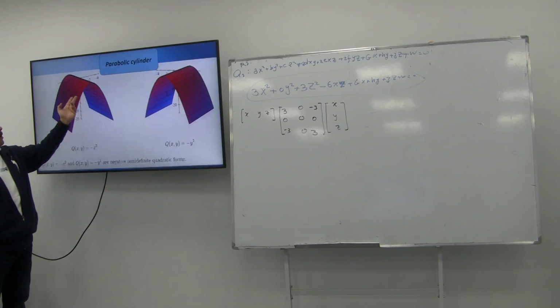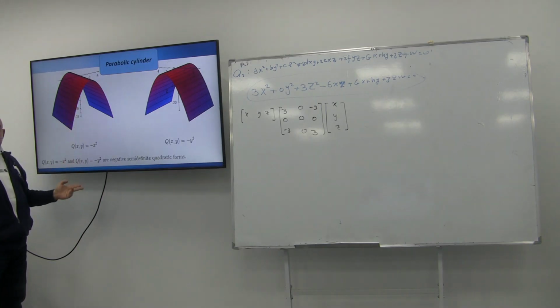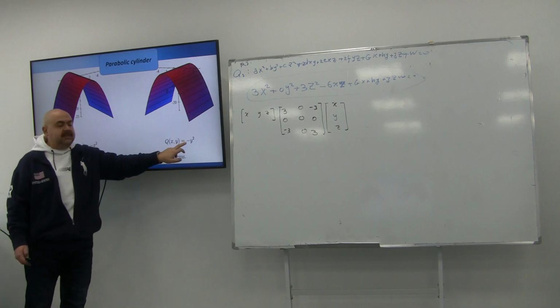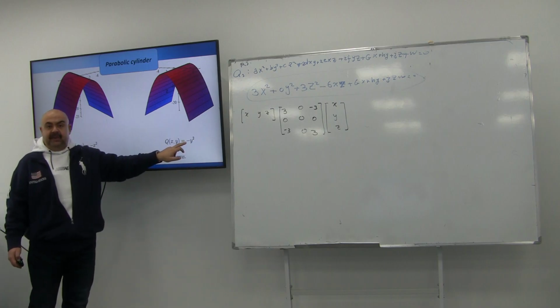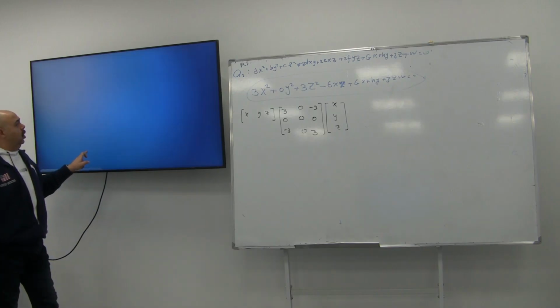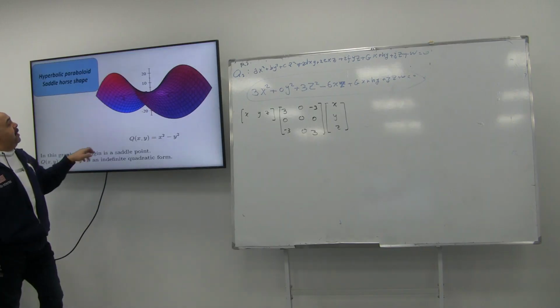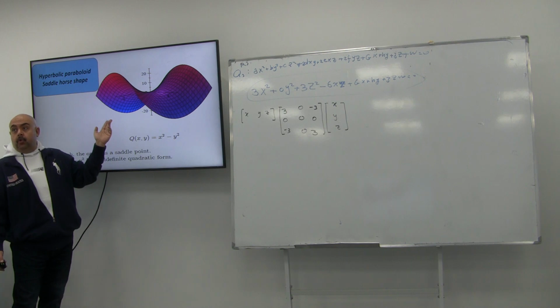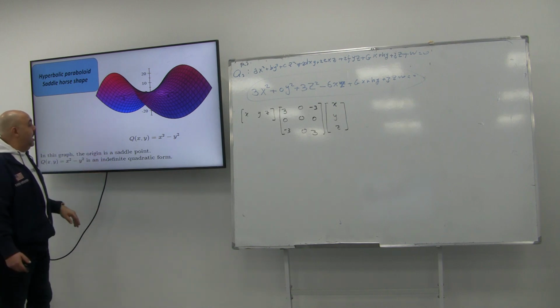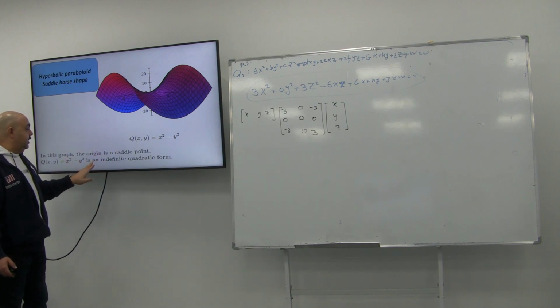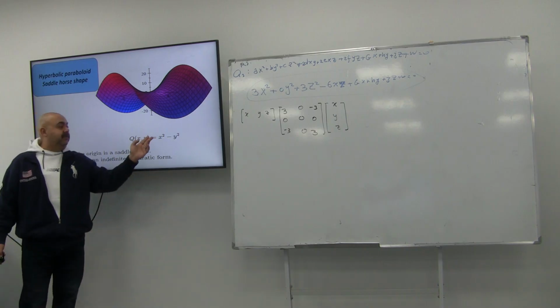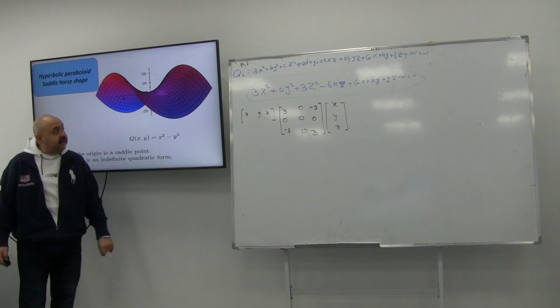You also have a parabolic cylinder that is negative definite if the coefficients in front of x squared and y squared are negative, as you can see. Also, you will have the hyperbolic paraboloid, or what's called a saddle, and this is an indefinite quadratic form, and as you can see, one of the eigenvalues is positive and the other is negative.